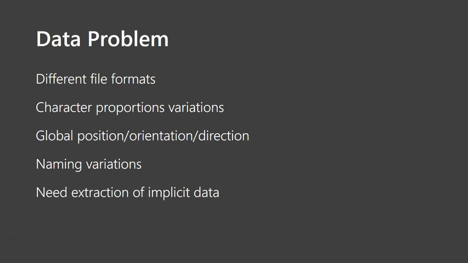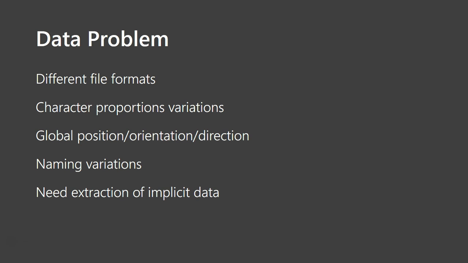the issue of the character being placed somewhere in space and going in a certain direction or orientation. So for example, if you want to do a classifier for a walking motion, and in your database all your characters walk from left to right, and if by any chance you're classifying the motion of someone walking from right to left, you would fail to do it, so you'd have to convert this global position to a local position.